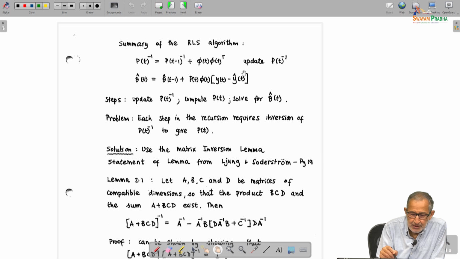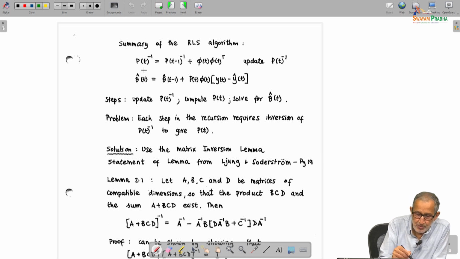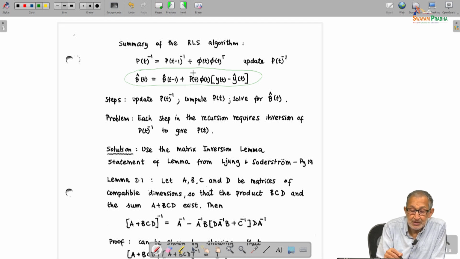Here is what we derived just a few minutes ago, this expression, but this expression needs P of t, and the inverse of P of t is related to the inverse of P t minus 1, meaning the information matrix or the covariance matrix at the previous instant, plus phi phi transpose. So the steps are: update P t minus 1, compute P t, solve for theta hat of t.